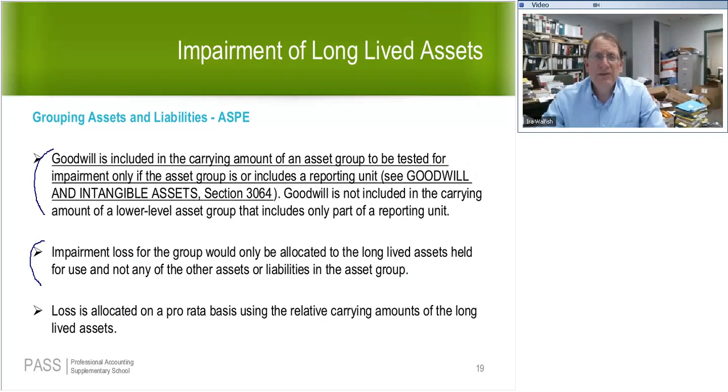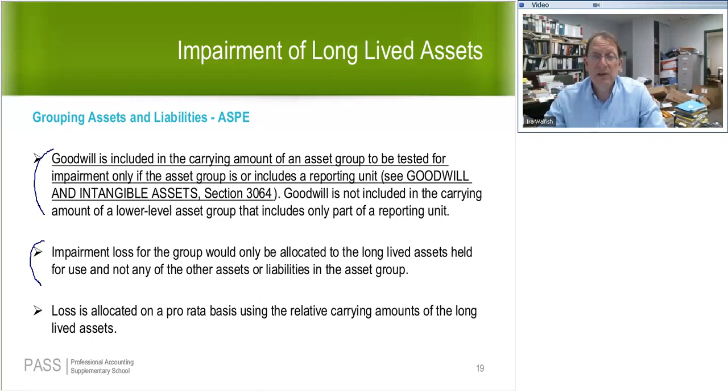If you have an impairment loss, you're going to be allocating the impairment loss only to the assets in this section. So, for example, if my group includes accounts receivable, I don't care what the write-down is, I'm not writing down accounts receivable because that's a different section of the handbook. Inventory, nothing to do with this section. This section's called impairment of long-lived assets.